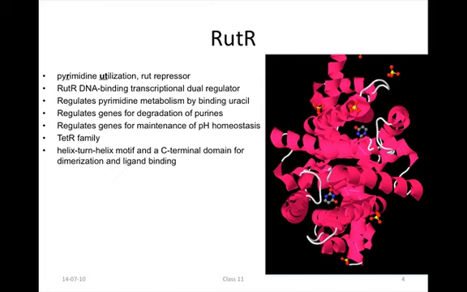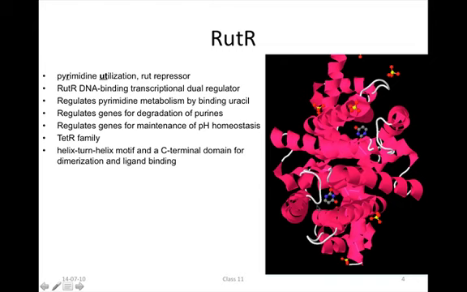Now, Rut repressors bind in a transcriptional manner. They do it in a dual fashion. That is, there are 2 molecules there. You can't really get this from the picture, but there's one on top. If I had colored it differently, there would be one on the bottom. These molecules also bind uracil, and you can see there's a uracil bound inside of here, inside of the cleft.